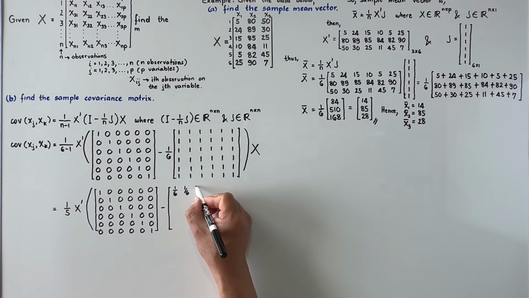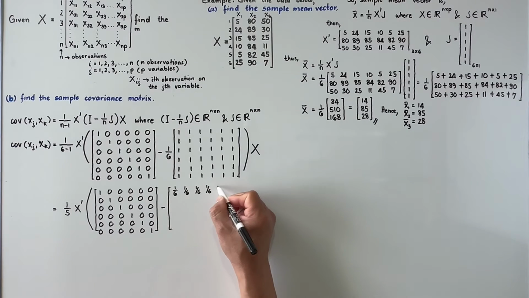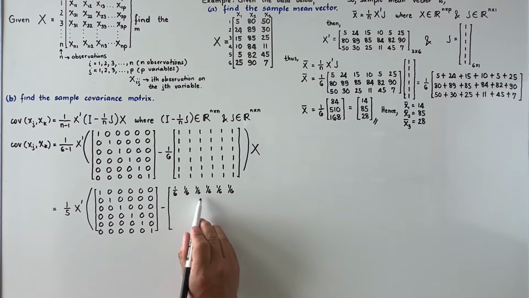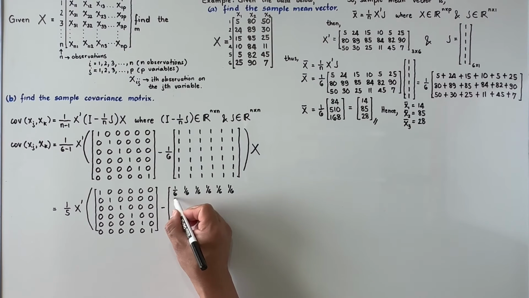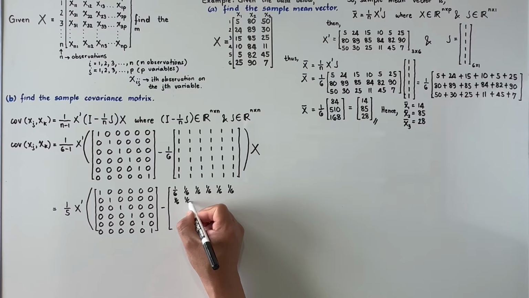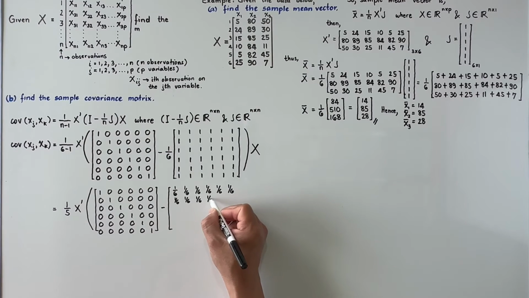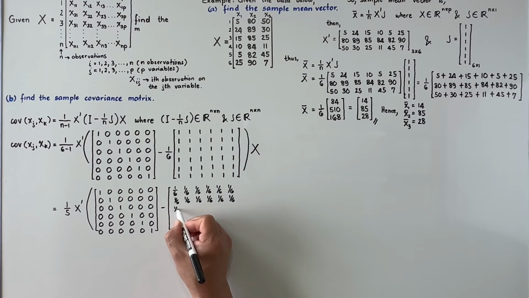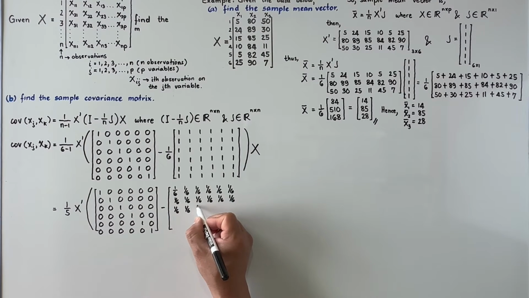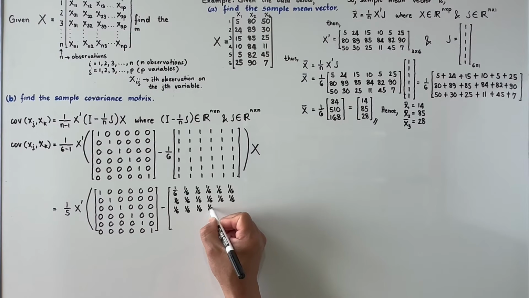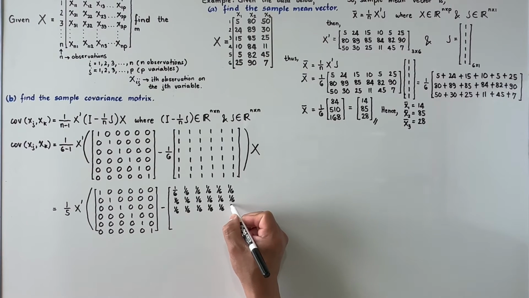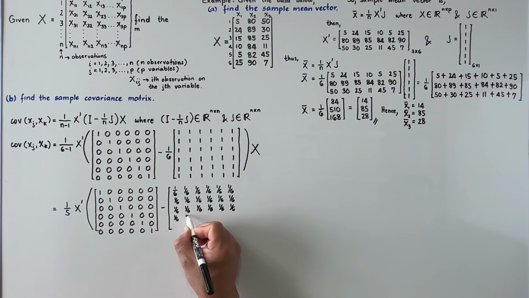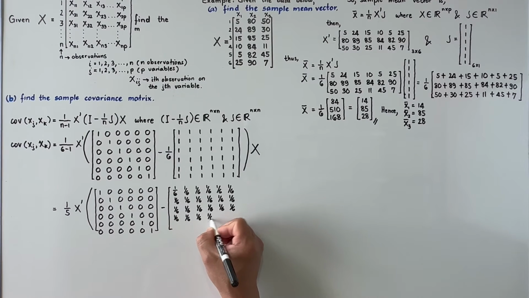So the first row has six entries of 1/6, and also the second row has 1/6 in every entry. Also in the third row, all are 1/6 because the ones are multiplied by 1/6, all of them. And then also the fourth row is multiplied by 1/6.